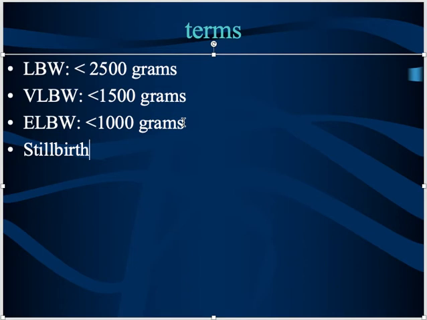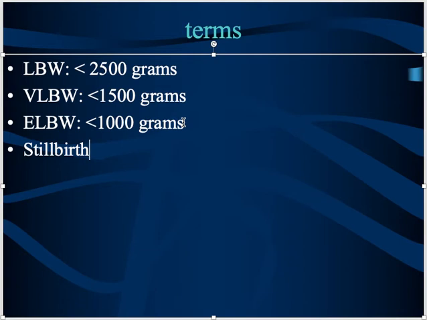Because before that, for example, if a female loses the pregnancy at 14 weeks, that is considered abortion. But if the female gives birth after she has completed 24 weeks, that is considered a baby.